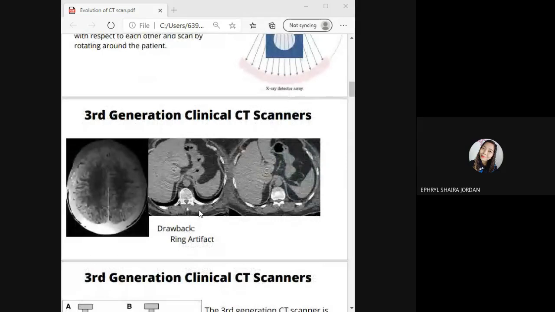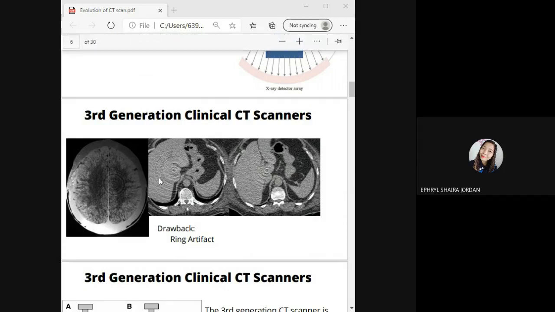Ang disadvantage lang ng third generation clinical CT scan is ang ring artifact. So, yan. Ring artifact occurs due to miscalibration or failure of one or more detectors. So, since isang set lang man of detectors, there are times na mag-miscalibrate yung detectors, that is why it would cause a ring artifact.